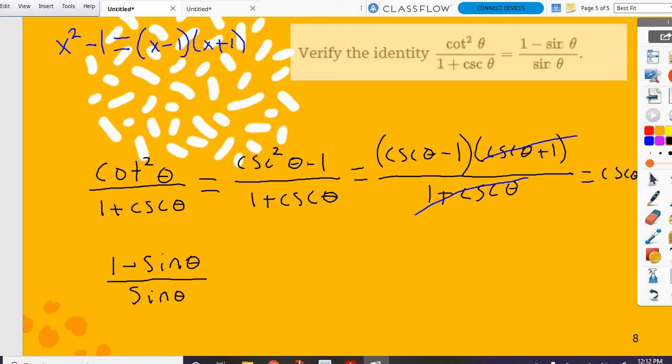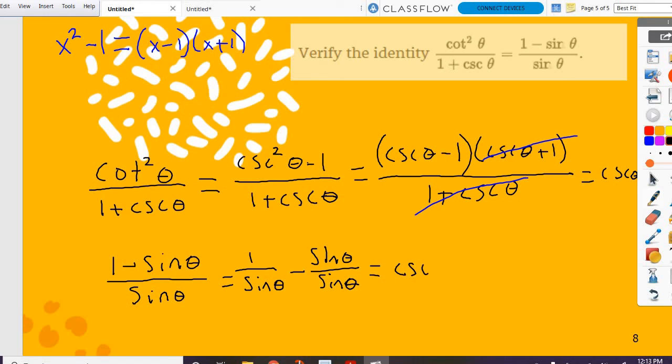here I do have just one thing in my denominator. So we can break this apart, and I have 1 divided by sine of theta minus sine of theta divided by sine of theta. Well, using my reciprocal identity, what is 1 divided by sine of theta?